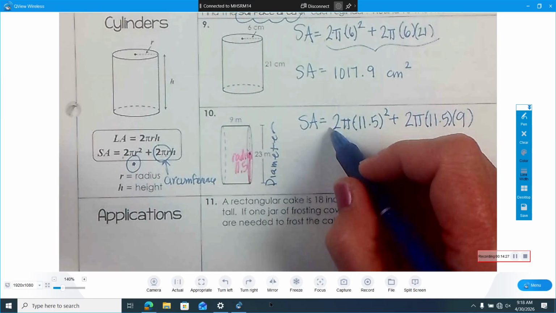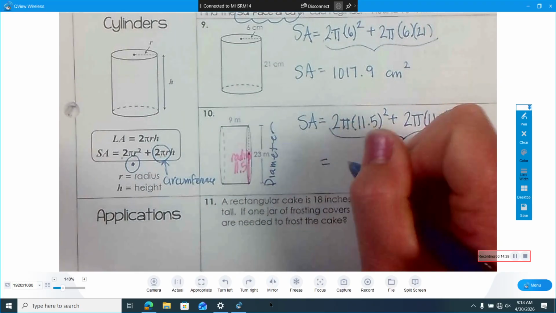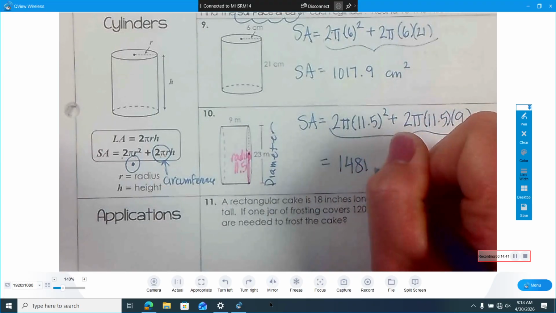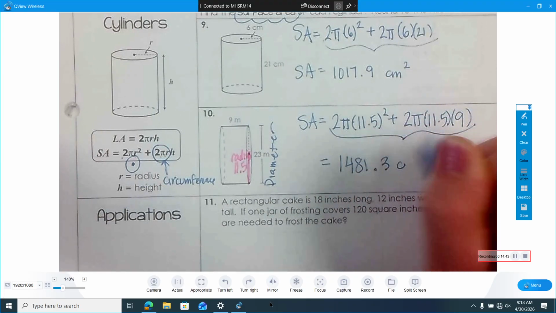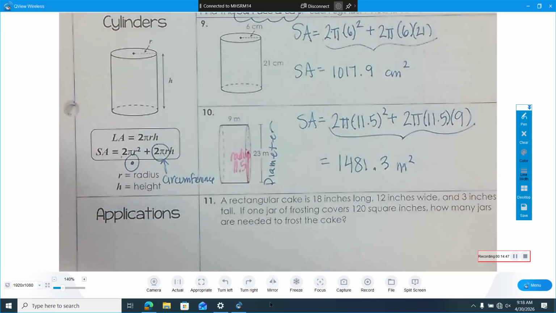And again, this whole thing, you can type in one big long line on your calculator. And what did you get? 1,481.3. Good. Meters squared. Again, we're talking about area, and that is square units. Volume is cubic units. Area is square units. Do you have questions for me? No. Okay.